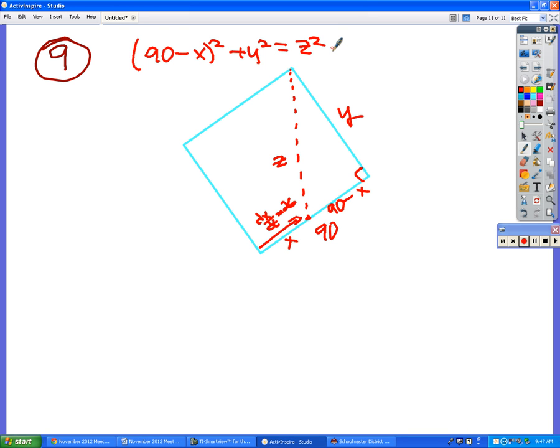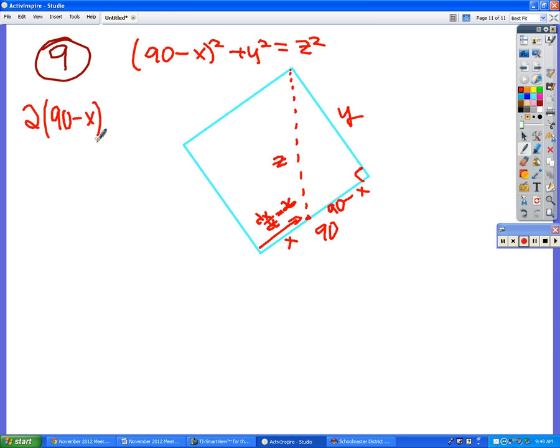2. 2 times 90 minus x, plus. No, because he's just doing the power rule first. So remember, you only take the derivative of one thing at a time.